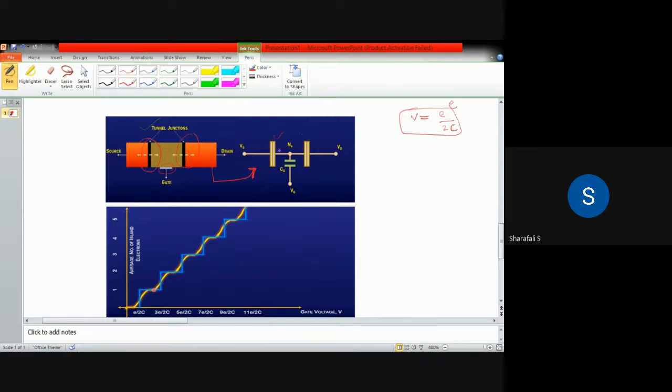We have one capacitor here, another capacitor, that is the tunnel junctions, and then we have an additional capacitor here for the gate. This is the source potential Vs, this is the drain potential Vd, and this is the gate potential Vg.